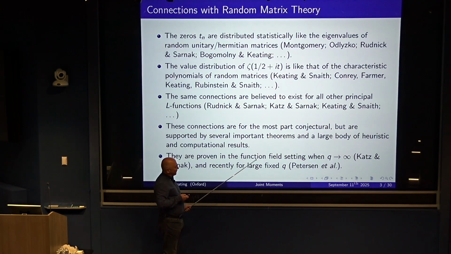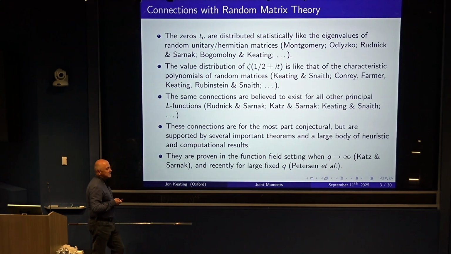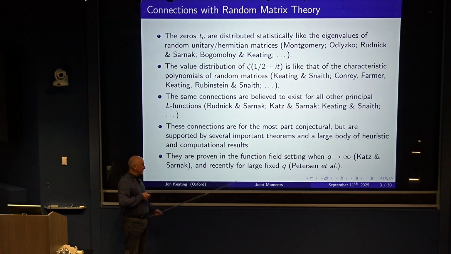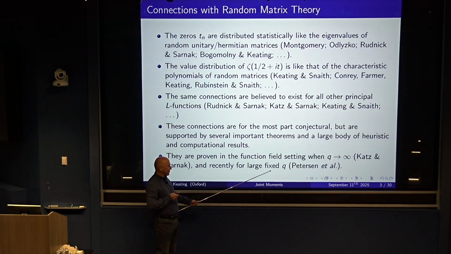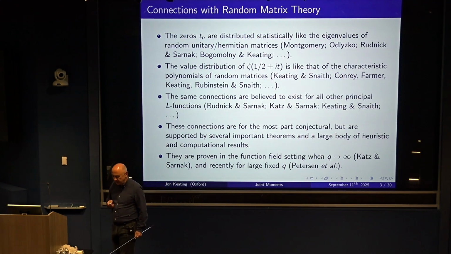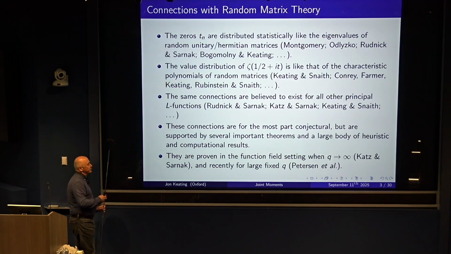So if you define your L functions over function fields related to a finite field of q elements and let q tend to infinity, Katz and Sarnak showed that you really do get random matrix theory describing the zeros and characteristic polynomials of the L functions. And recently there's been a spectacular development in this subject, one that I find very interesting, which is that now this can be proved using really quite advanced ideas in topology for fixed large q. You don't have to let q tend to infinity. For sufficiently large q, this is known to be true.